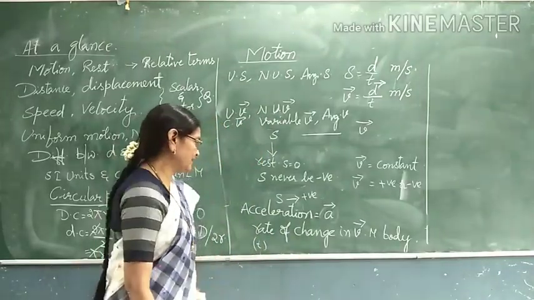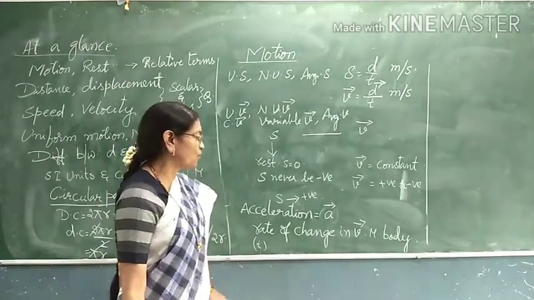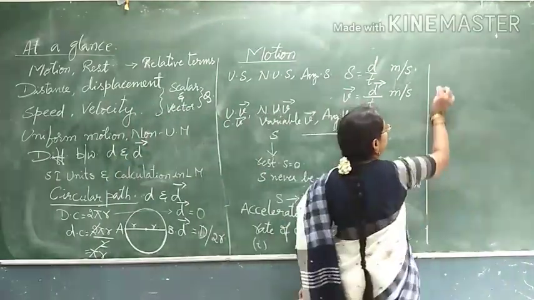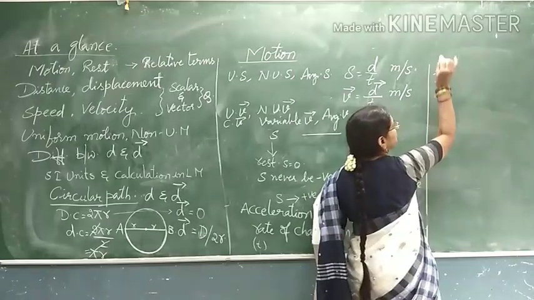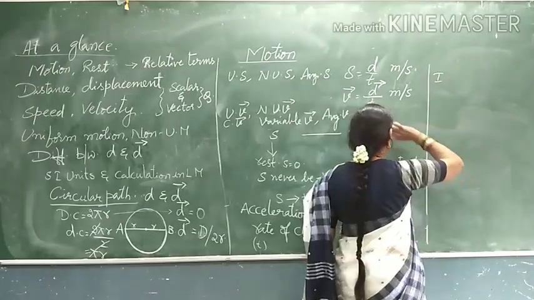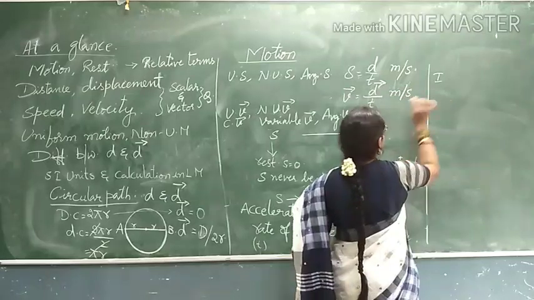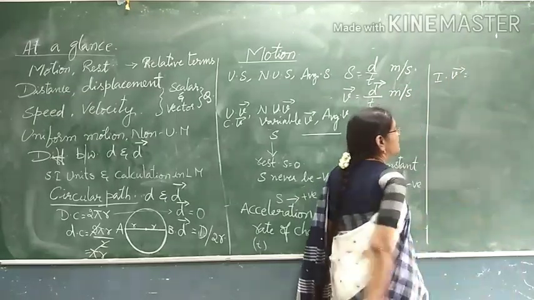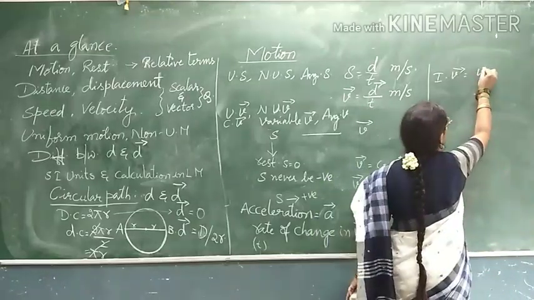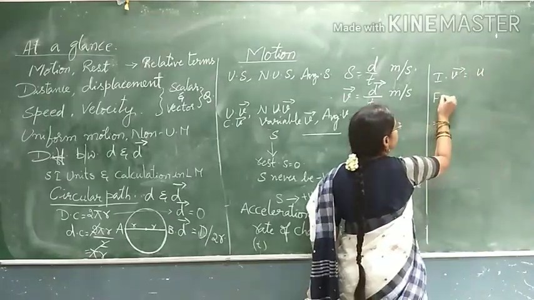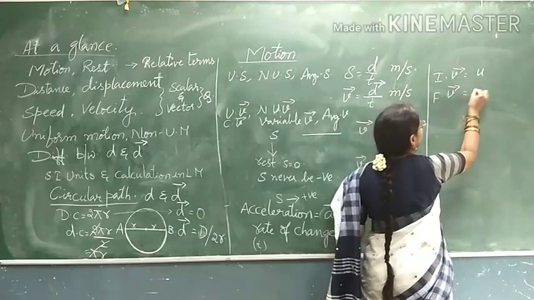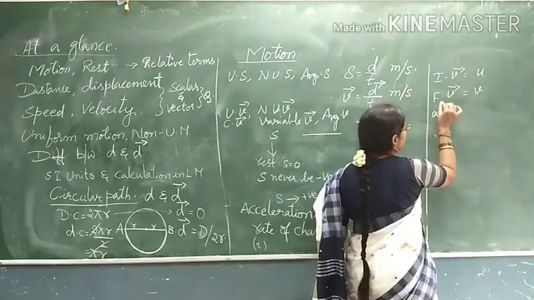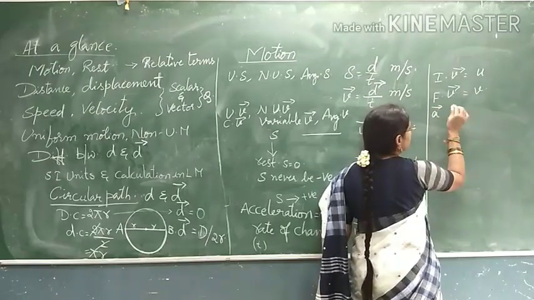Now mathematically, how will we represent it? What I told, change in velocity. So first you need to write, when a body is starting to move, what is its velocity? Initial velocity. What have we designated with which letter? U. Final velocity we designated with V. So what is acceleration?